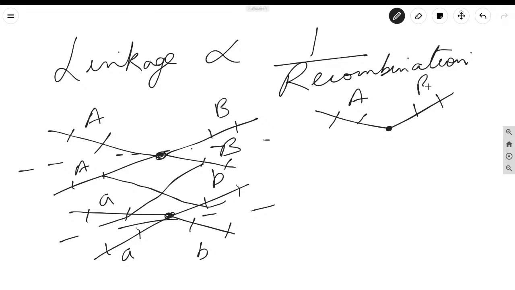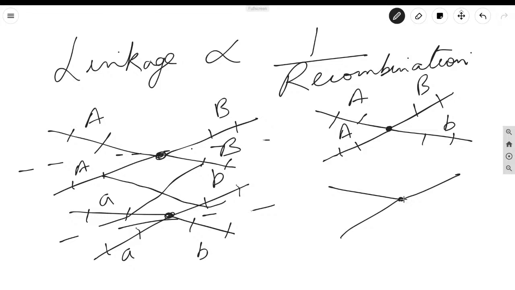A, B, here you have crossing over done. So capital A goes with small b here. Here it remains small a, small b, parental type. Here small a goes with capital B.